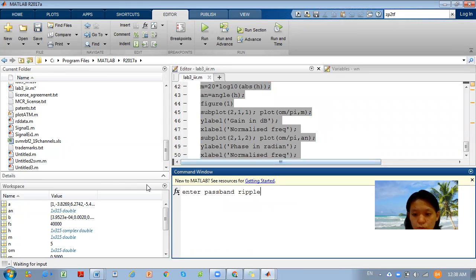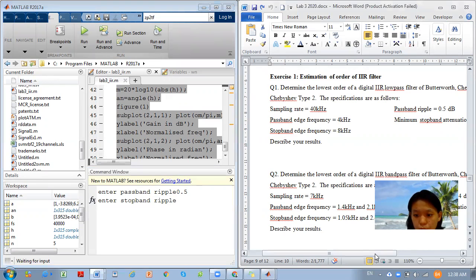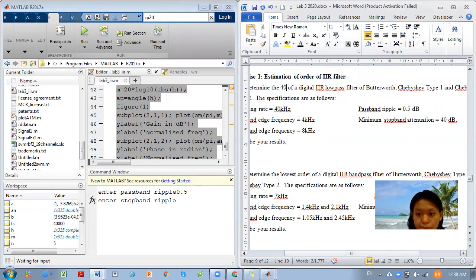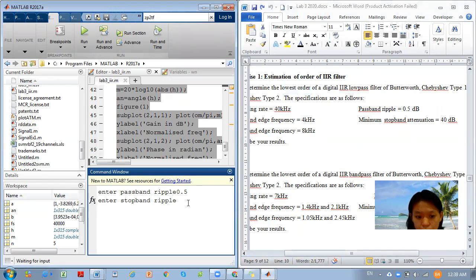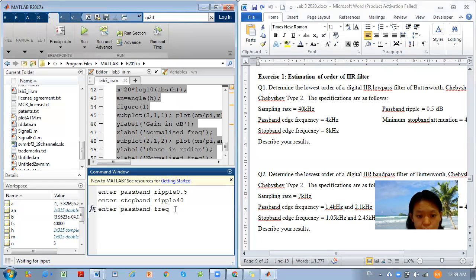When you execute, based on the questions, you have to enter 0.5 for your pass band ripple. Your stop band ripple is 40. Then the pass band edge, 4,000, the stop band edge 8,000, and then the sampling frequency 40,000.